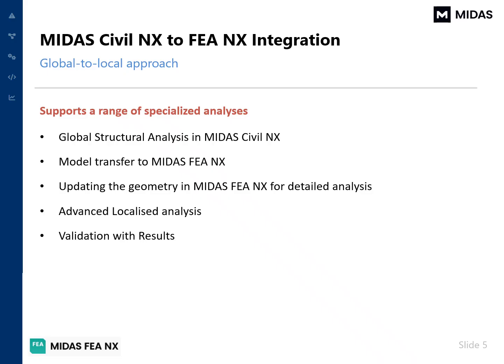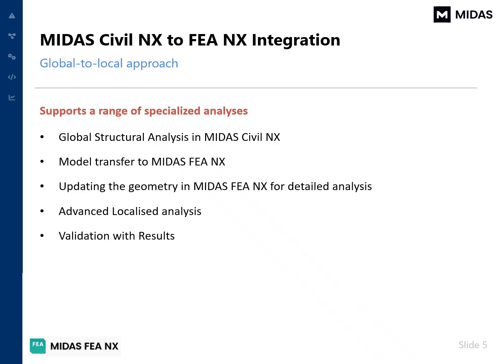Now we will first start with the global structural analysis using MIDAS Civil NX software. It can be for the grillage or for the simple line modeling. Then we will carry out all the loadings and the different analysis, and check the global analysis effect. Then we'll transfer the model from MIDAS Civil NX to MIDAS FEA NX.